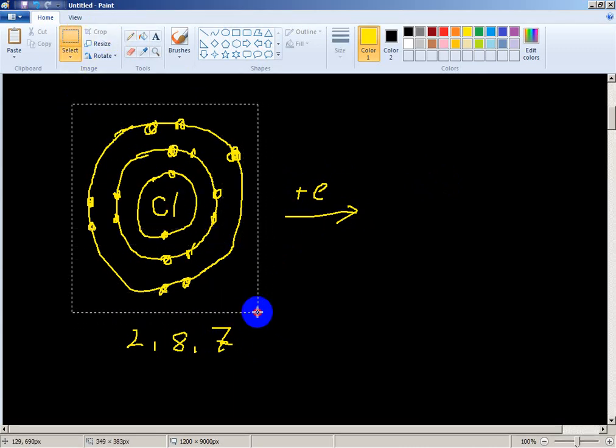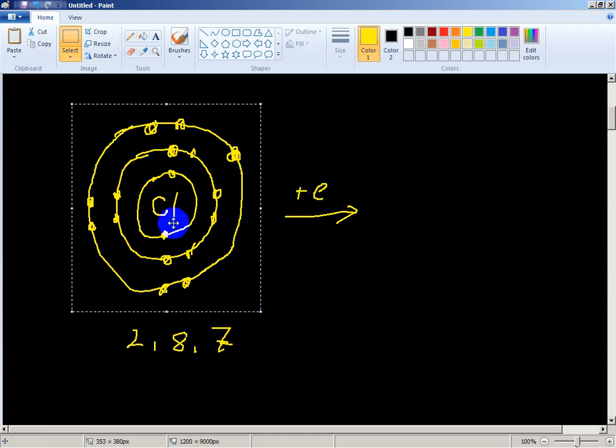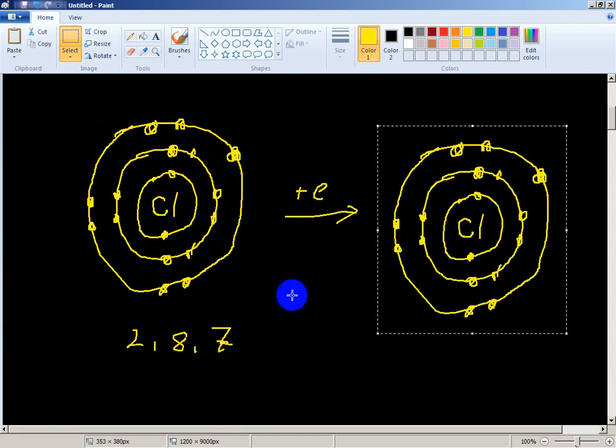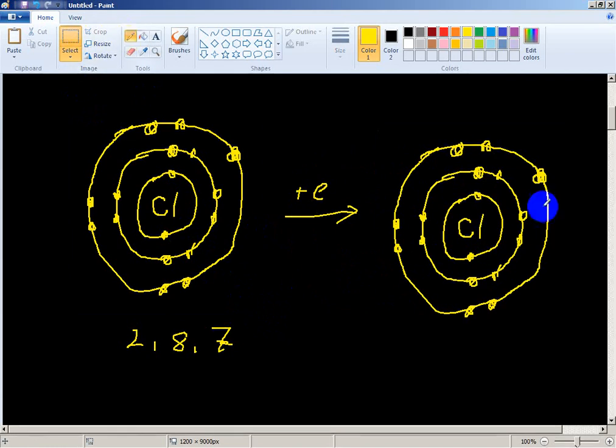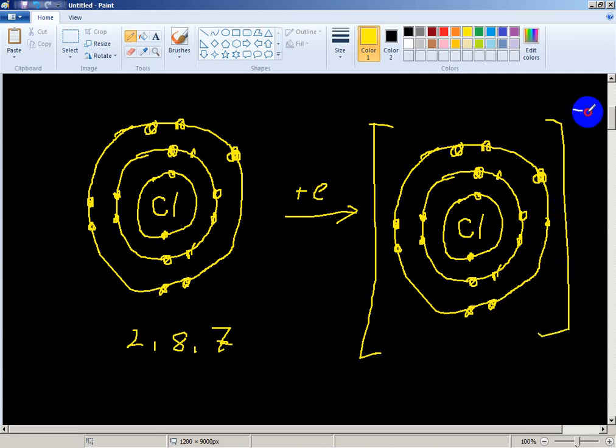Now here it was 7, and now it will become 8. Gaining 1 electron means 1 more negative charge. So a chloride ion is formed, a negative ion. A negatively charged ion is called an anion.